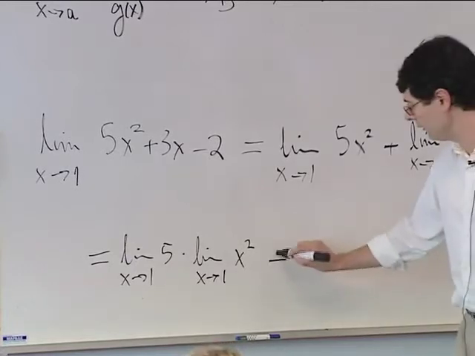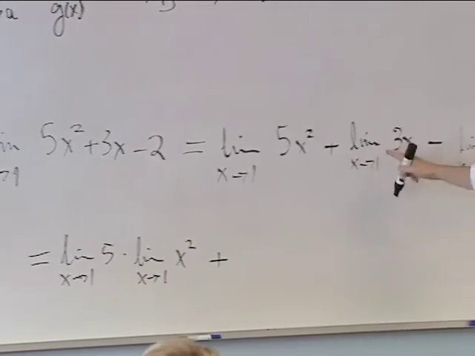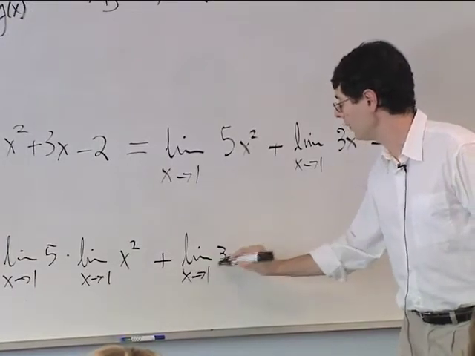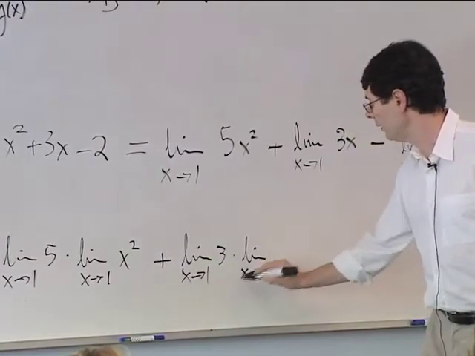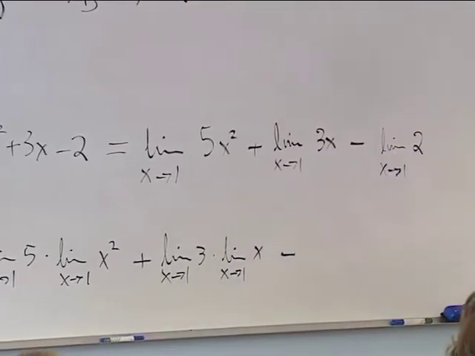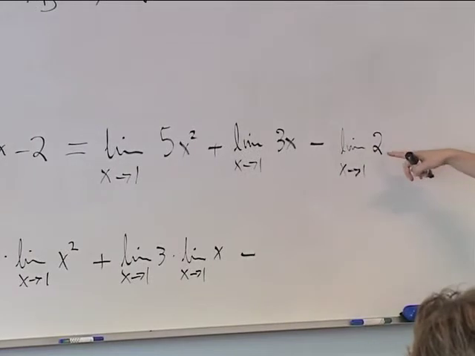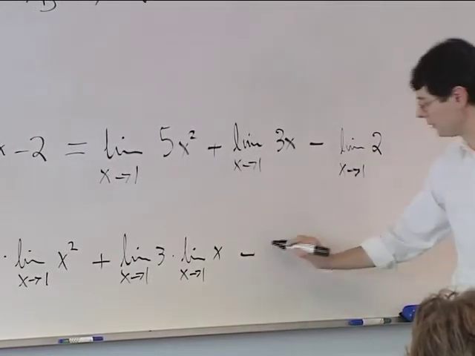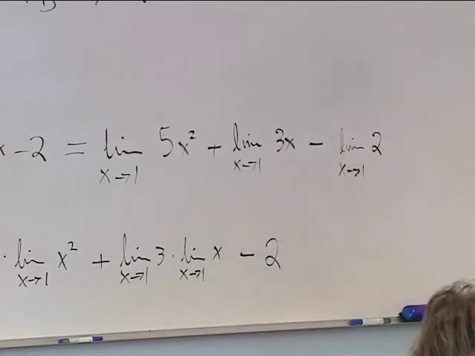Plus, same thing, limit when x goes to 1 of 3 times the limit when x goes to 1 of x minus. Well, this is the limit of a constant, and the limit of a constant is the constant itself. So I'm not going to be writing limit anymore. I'm just going to write 2.